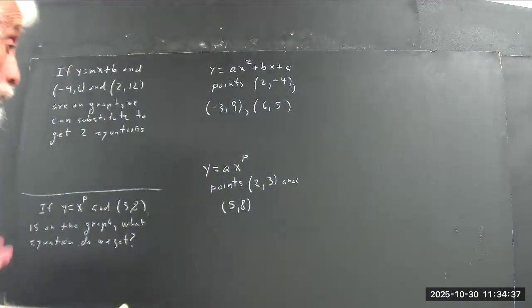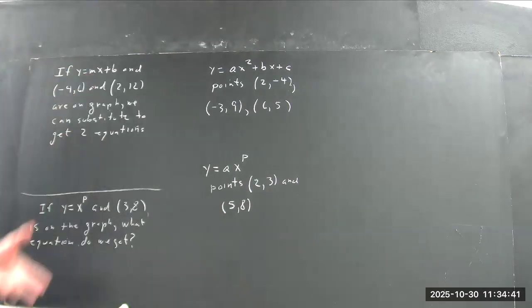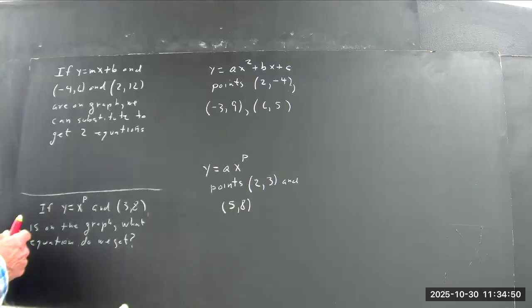Okay, yes, everybody has found out because everybody did this very well. Once you get the hang of this, it's pretty easy to write the equations. Now, solving the equations is a different thing. So we got to see how to solve some of these equations, okay?